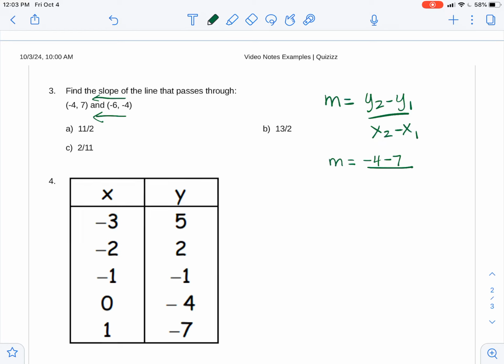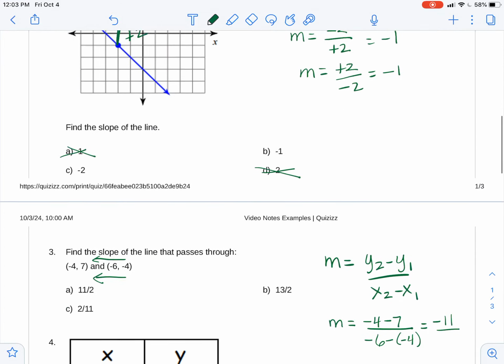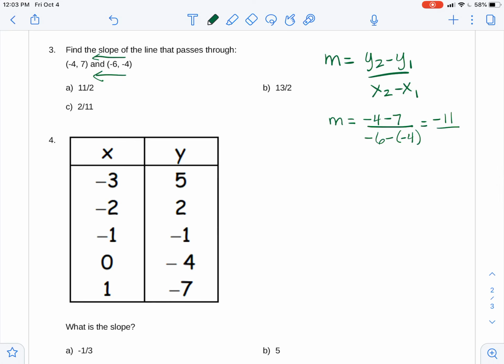And then in my denominator, I would say -6 minus -4. And so that's going to give me -11 over, double negatives become positive, over -2, or a positive 11/2. So that would be my answer.